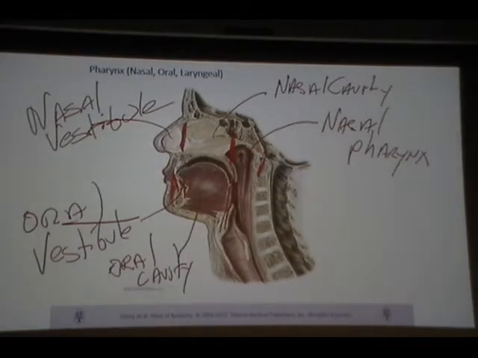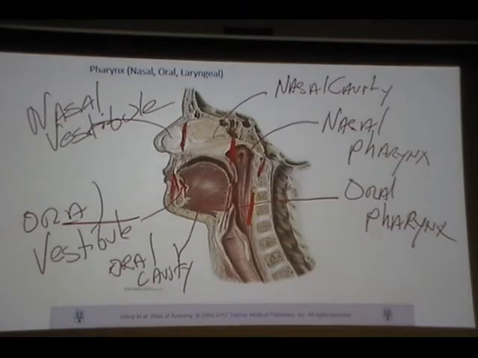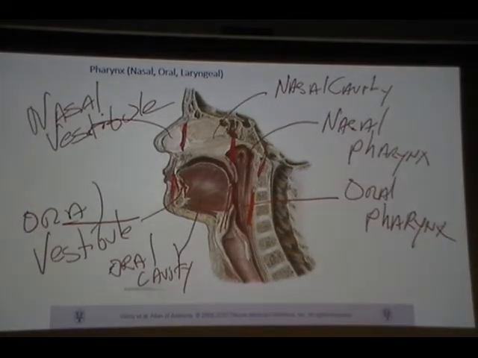Okay, and then back here, behind the tongue, this is the oral pharynx. So now we've got this area below the nasal region, now we've got the oral region.